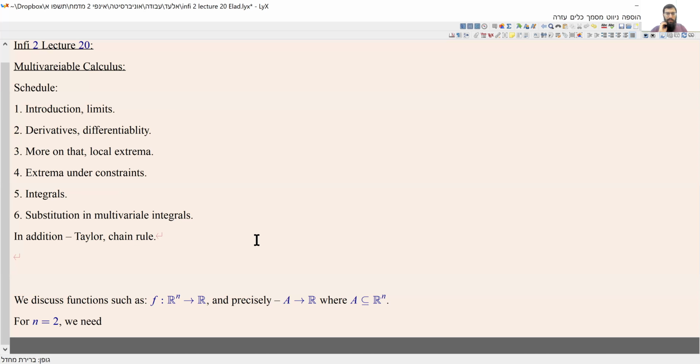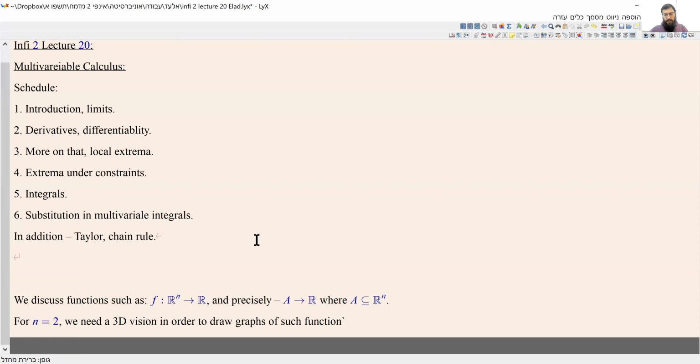We need a 3D vision in order to paint or grasp the graphs of such functions, in order to draw graphs of such functions.